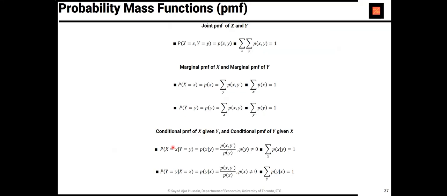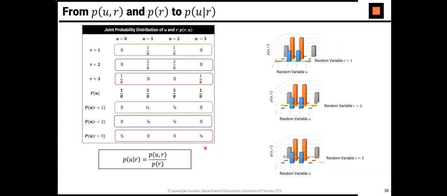Conditional probabilities. This says: give me the probability of x given that y takes a certain value, little y. You're actually asking not for a number anymore, but for distributions. What that means is something along the following lines. These are the joint probabilities. Literally, this means there's a 2/8 probability that r will be equal to 2 and u will be equal to 1.